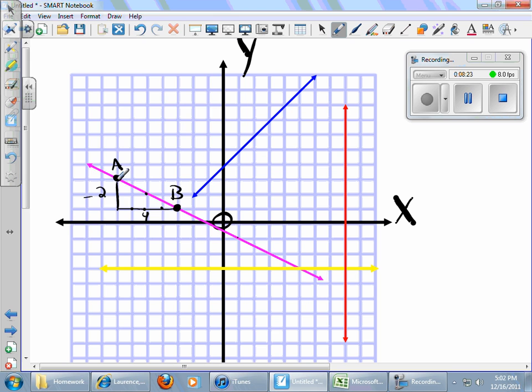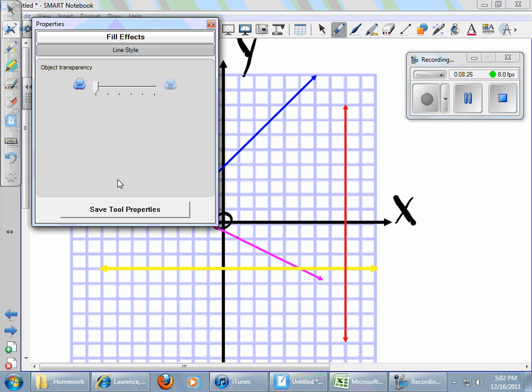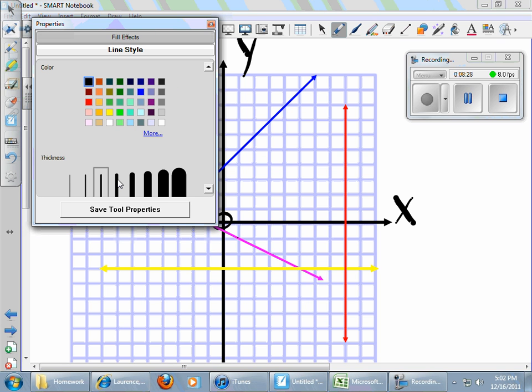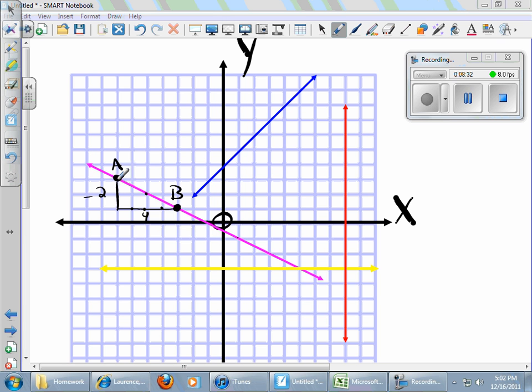I think I can. Oh, there we go. And I guess that looks pretty close. All right, so the slope of the purplish, magenta, grape line, whatever you want to call it, is going to be -2 over +4, which will simplify to -1 over 2. So the slope is -1/2.